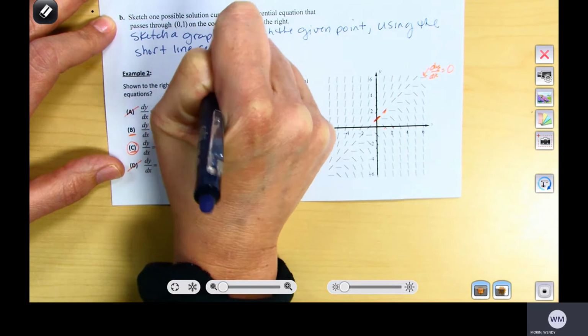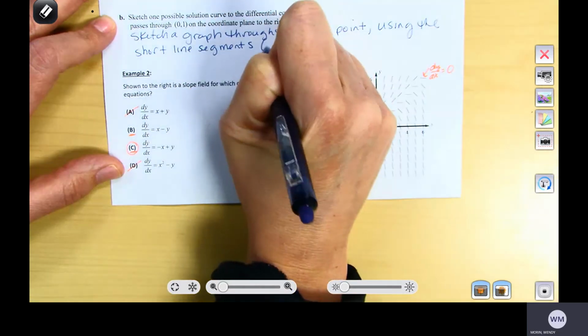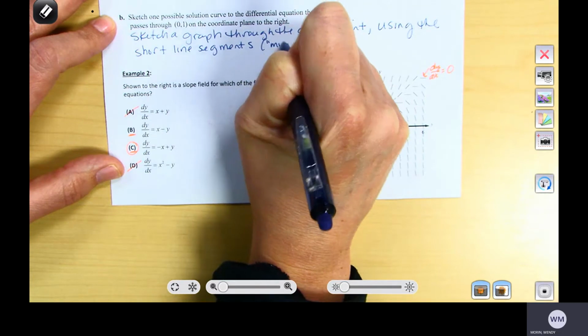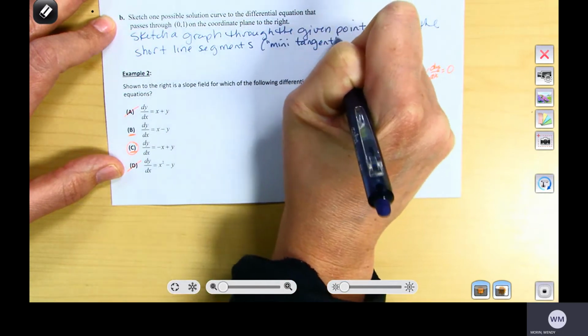Well, what are those short line segments? Those short line segments are your mini tangents, possible tangents to the curve.